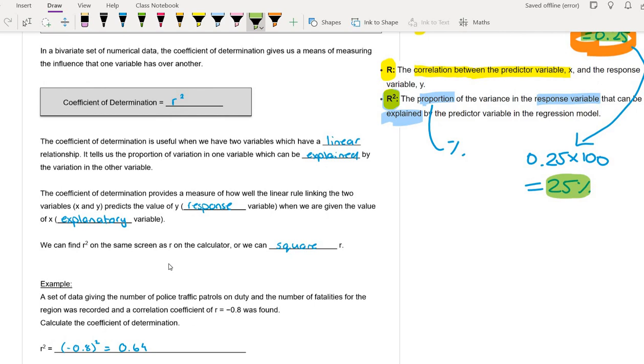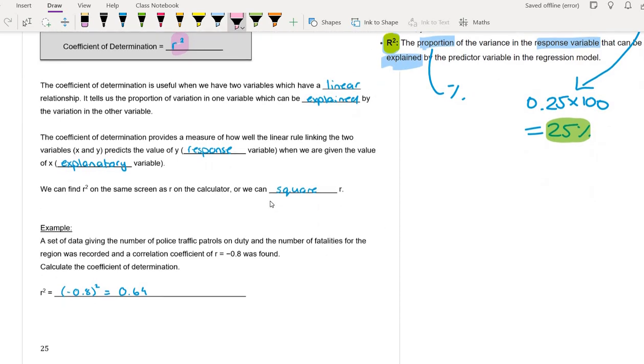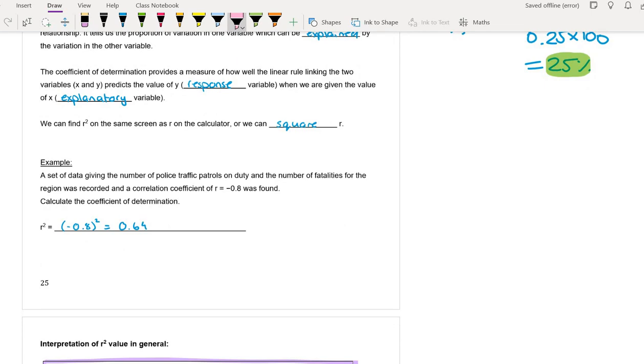Okay, I might have lost you already, but I'm going to go over it one more time using the notes that you have in front of you. We're dealing with the R squared value, which we call the coefficient of determination. It is a measure of how well the linear rule linking the two variables predicts the value of y, which is the RV, by x.